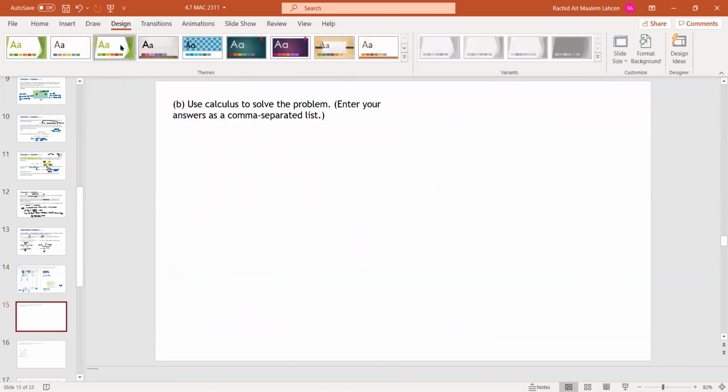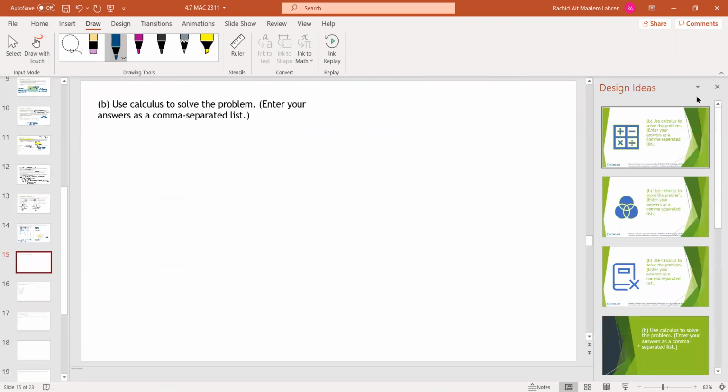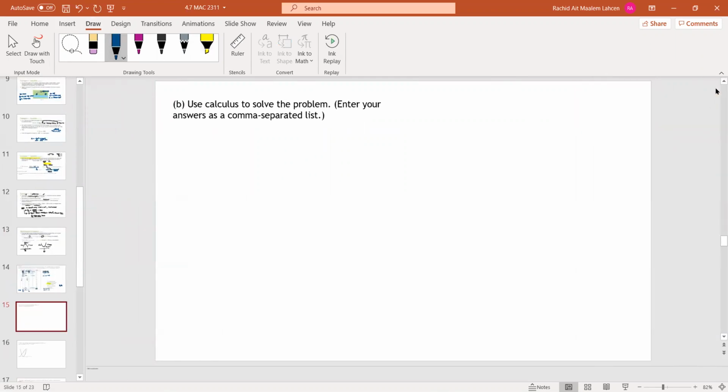Now let's use calculus to solve the problem. So we'll follow the same method. So let x and y be these two numbers, and their sum is 23, and their product is going to be some type of a maximum, right? So this will allow us to have y to be 23 minus x.